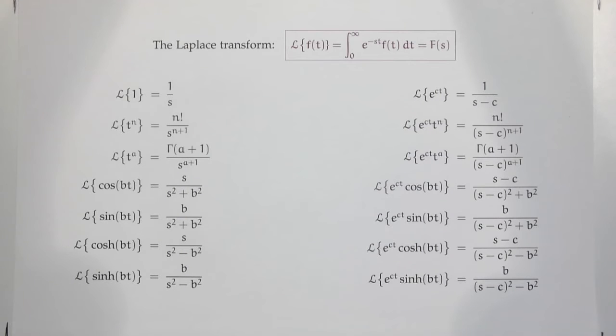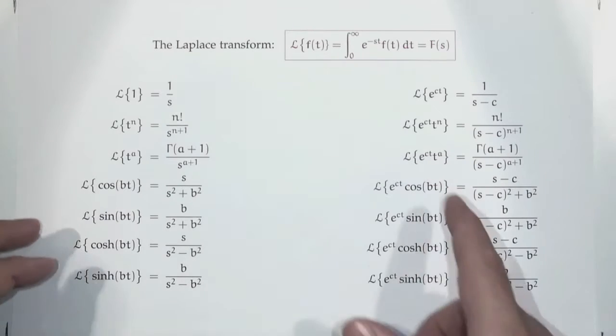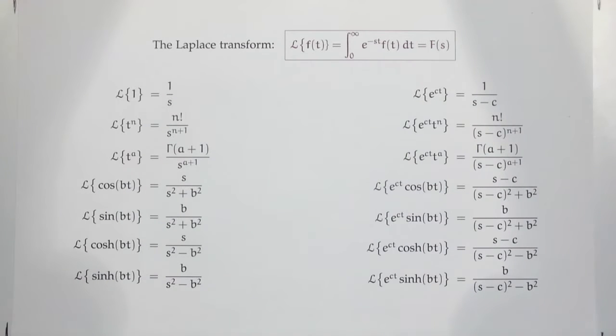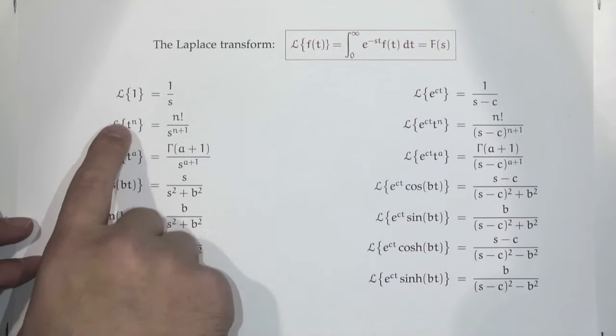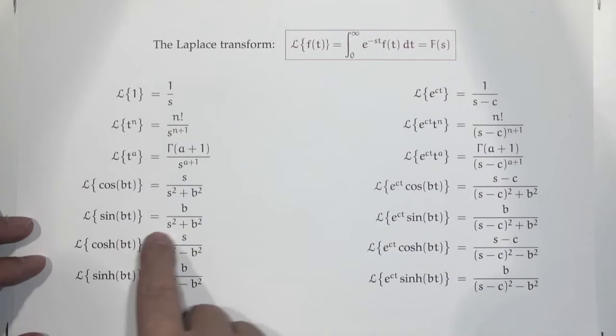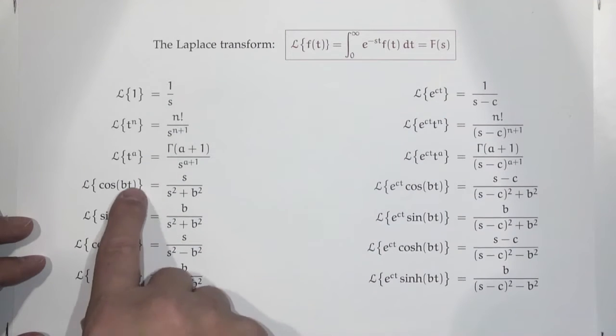Now, the way that we do Laplace transforms is we almost never use the integral because that's hard. Instead, we say, let's build up a collection of rules. And then the rules will tell us what to do. Now, there's two categories for rules. One are basic functions, things like 1, a power of t, exponential, sine, cosine.